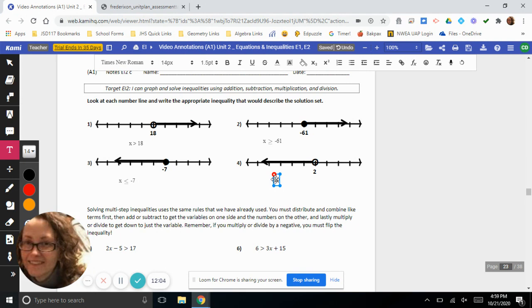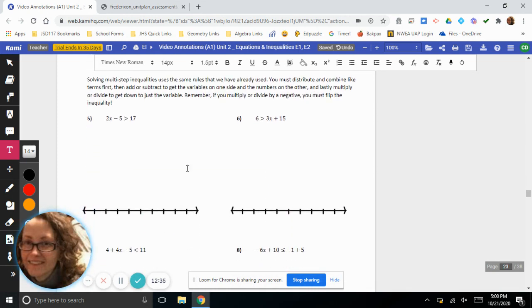All right, over here, I just realized I misspoke. This should be x is less than or equal to negative 7. I believe I said that incorrectly the last time. So on number 4, I have x is less than 2. Since I have an open circle, there's no bar underneath the less than sign, and since my shading is to the left, I do have a less than symbol.